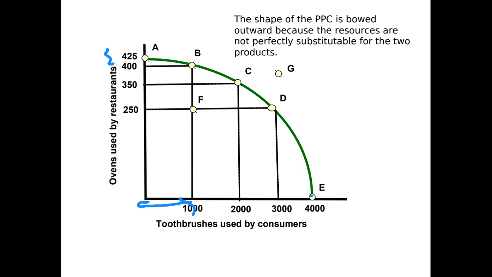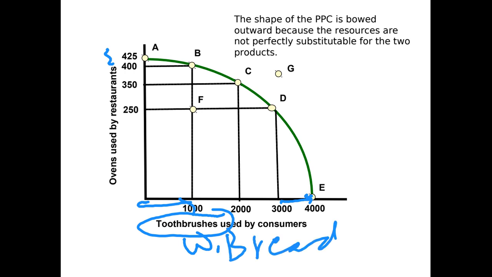That is the reason: the resources used in the production of toothbrushes and ovens are not perfectly substitutable. Let me give you one last example, and you will then understand why the curve is bowed outward. On one axis, I take white bread, a consumer good, and on the other axis, instead of ovens, I take brown bread.